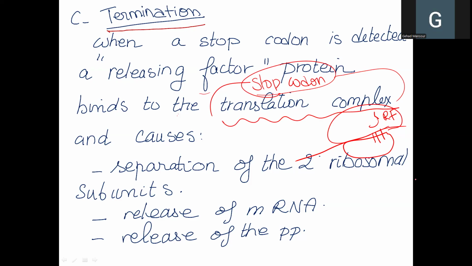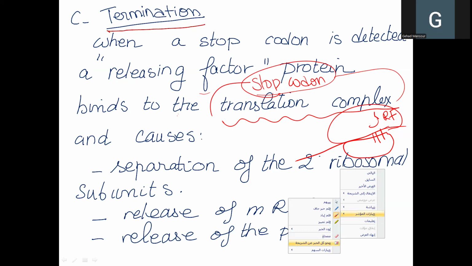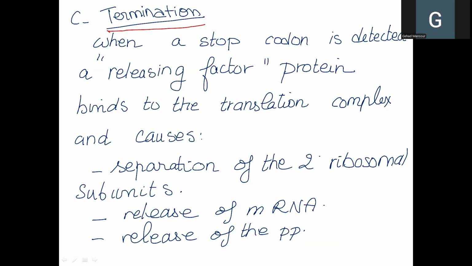What is the result of binding of the releasing factors to the translational complex? First of all, there will be separation of the two ribosomal units. And when the two ribosomal units become far from each other, then the messenger RNA will be released.